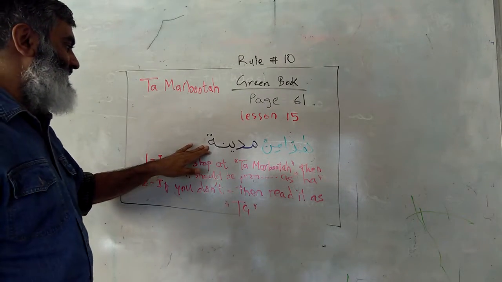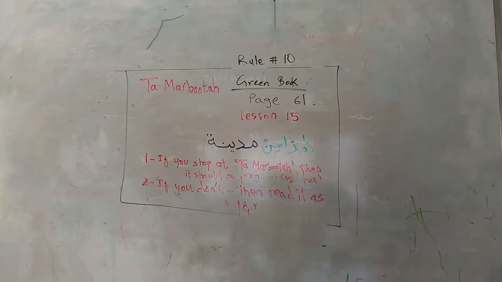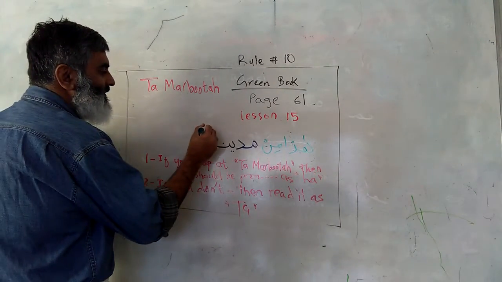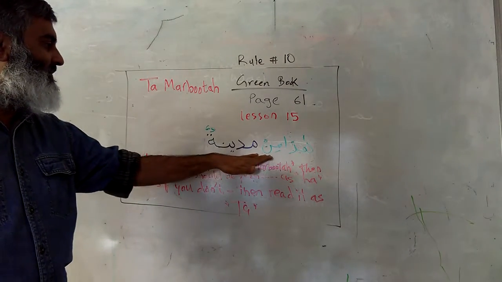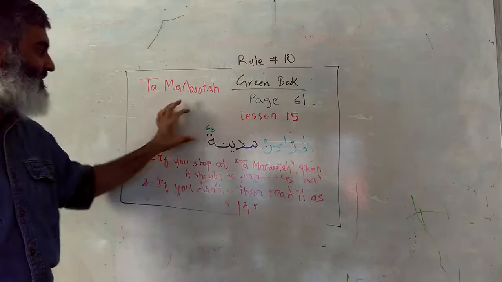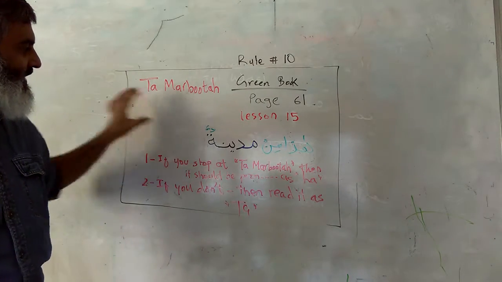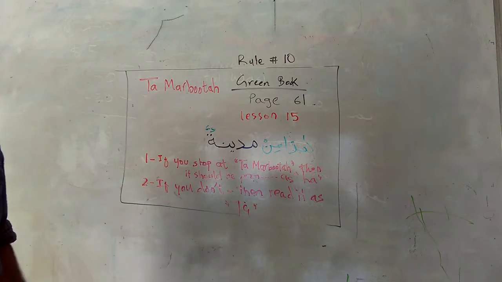If you have to stop here, Madinah. But if you continue, and let's say that you had Tanween here, if you have to stop, it will become هذا من مدينة, because you have to stop here. But if you don't stop, then you should read it as a Ta and continue. هذا من مدينة, so on and so forth.